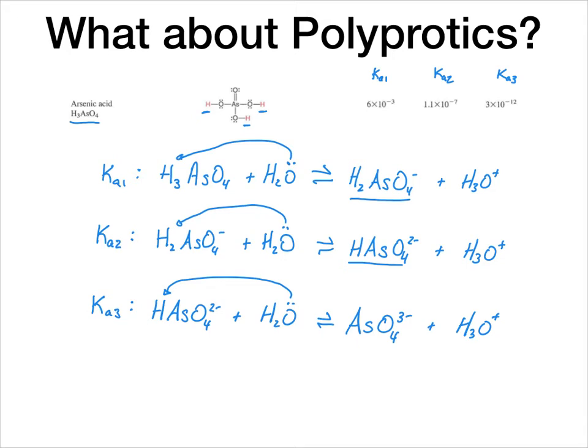Something to notice about these reactions. Not only are these reactions balanced in terms of all of the atoms matching on both sides of the arrow, but also the charges on each side match. So in Ka1, on your reactant side, we have a total charge of 0.